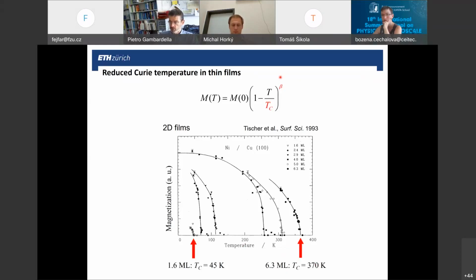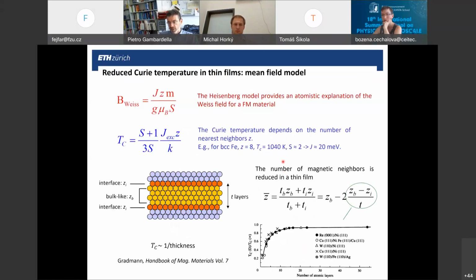Also, the critical behavior given by this exponent here depends on the dimensions of the system. This can be explained in a mean field model where the so-called Weiss field or the molecular field is proportional to the exchange per atom times the number of nearest neighbors.